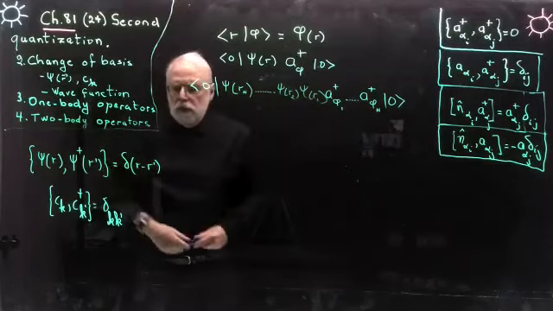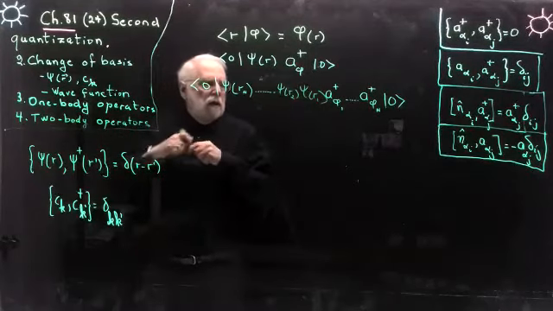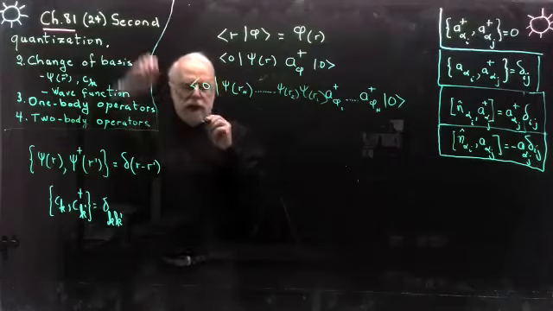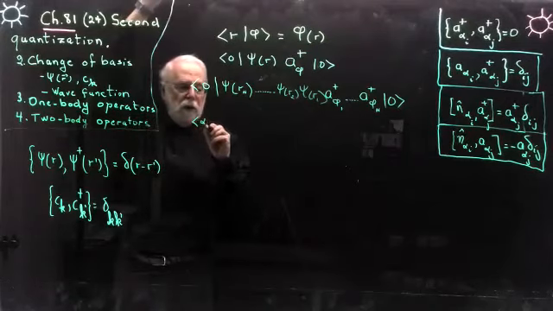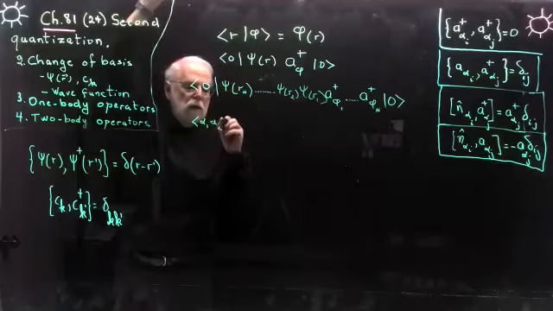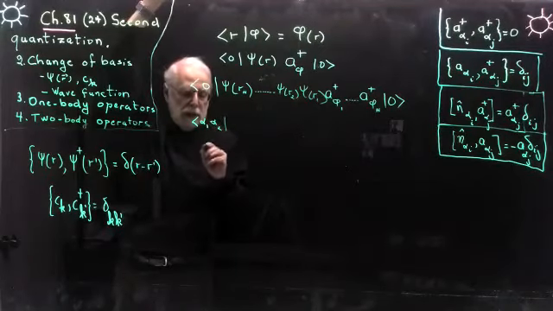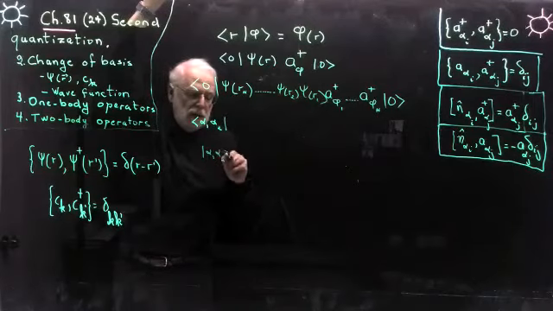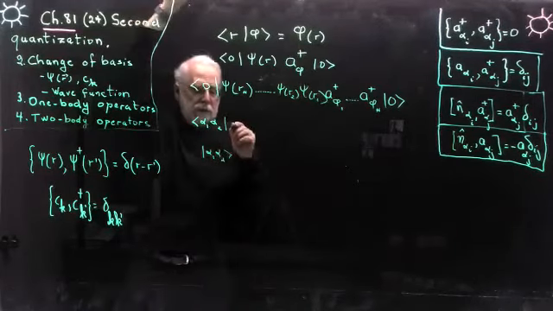Remember that when we write alpha 1, alpha 2, what do we mean? We mean that we started from the state alpha 1, alpha 2, and we took the dual.